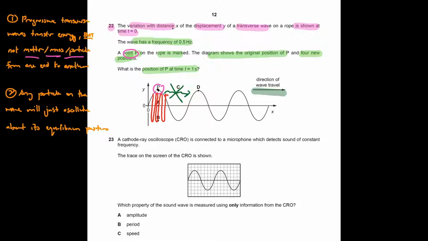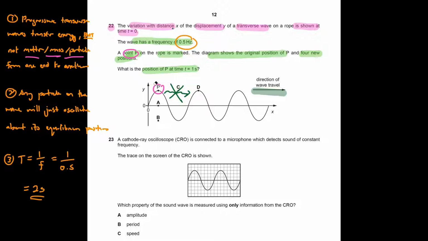So in my case, they already told me my frequency is actually 0.5 Hertz, right? So I can actually find out the period from there. The period is the reciprocal of my frequency, so it's 1 divided by 0.5, giving me 2 seconds.